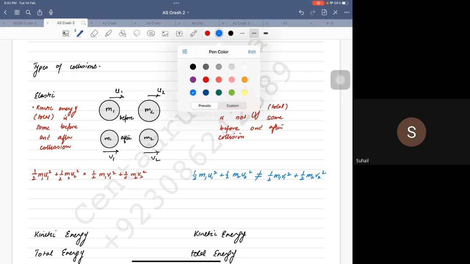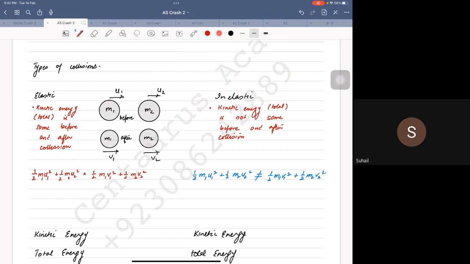Okay, there is a small tip that I want you guys to remember, and I'm just going to write it here. In a case where two bodies stick, embed, or whatever they do, they go together, in this case the collision is always inelastic.